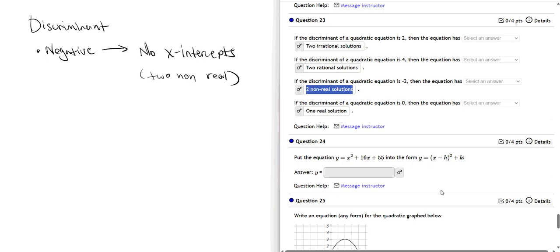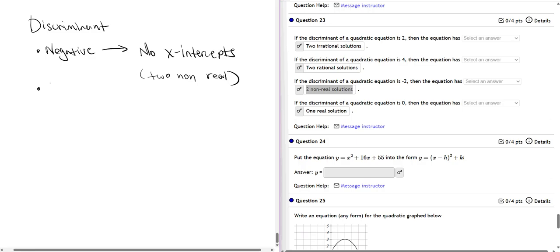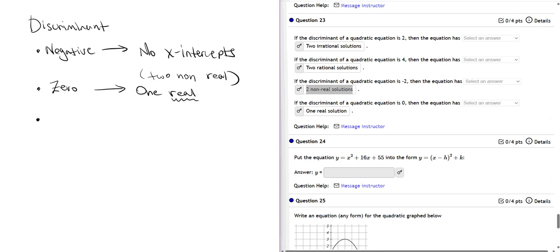And then other things you can understand about the discriminant: if your discriminant is 0, then there's nothing after the plus minus, so you just get one real solution. It's definitely going to be real because you no longer have a square root, because the square root of 0 is just 0, and that's a real number. And then since only 0 is coming after the plus minus, we just have the one answer. So one real solution, or one x-intercept, right?